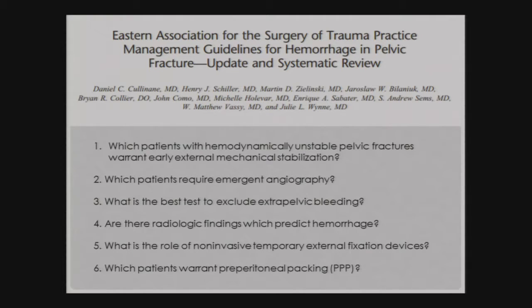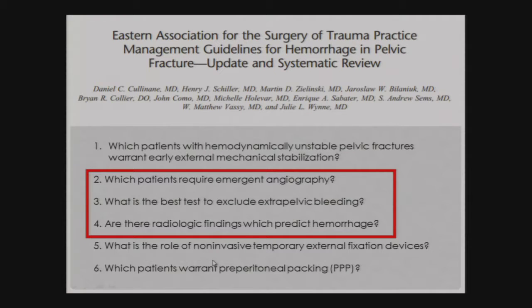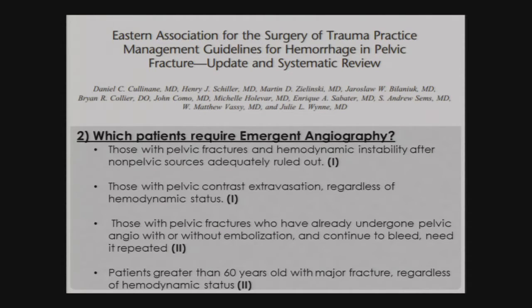Numbers 1, 5, and 6 all had level 3 recommendations, and I have them in my notes, and they're in the PowerPoint, but I'm not going to go through them because there are so many. Numbers 2, 3, and 4 had more level 1 and 2 recommendations, so that's what I'm going to go through.